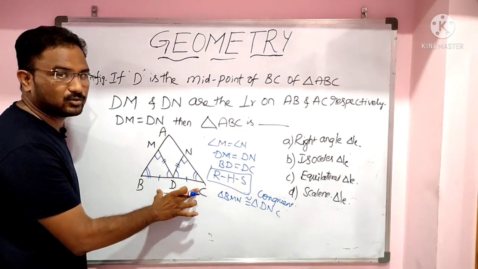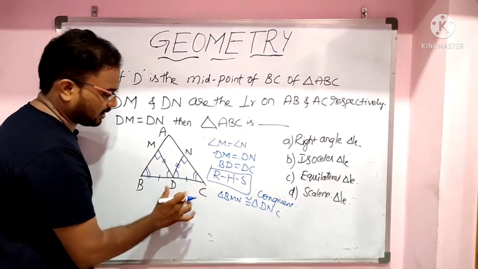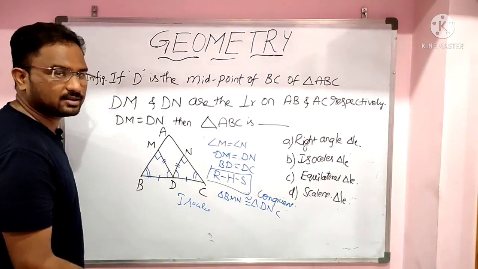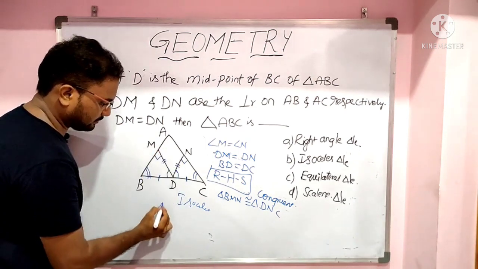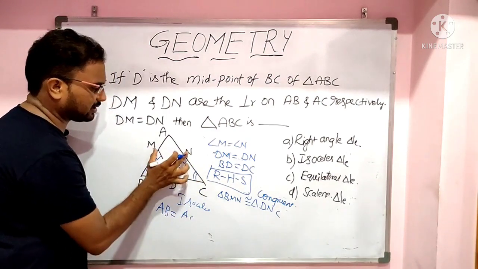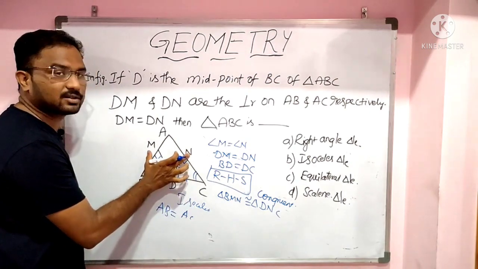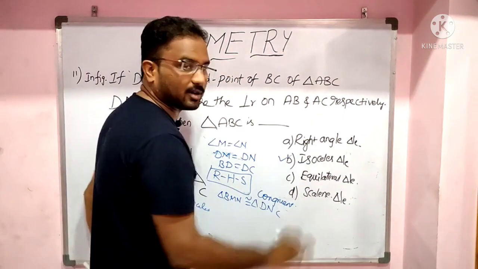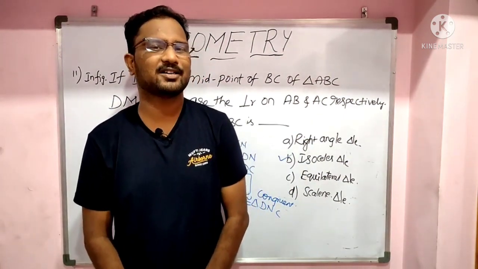If in a triangle two angles are equal, then the sides AB equals AC, and the triangle is called an isosceles triangle. So the answer is isosceles triangle.